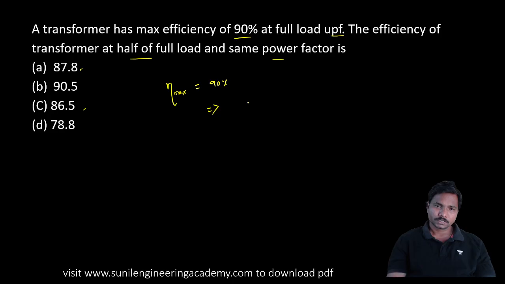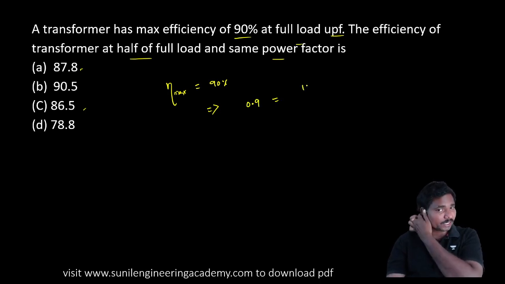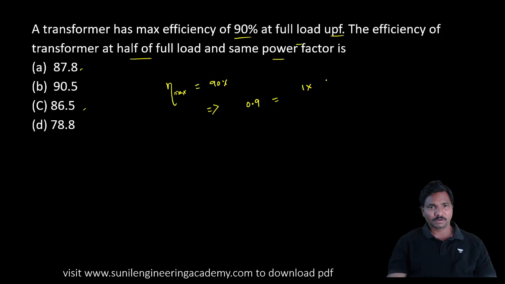So 90% means 0.9 is equal to x into kVA, with full load given so x is 1. Let us take kVA as 1. Power factor is 1. So 1 into 1 into 1 plus losses, where losses means iron losses plus full load copper losses.